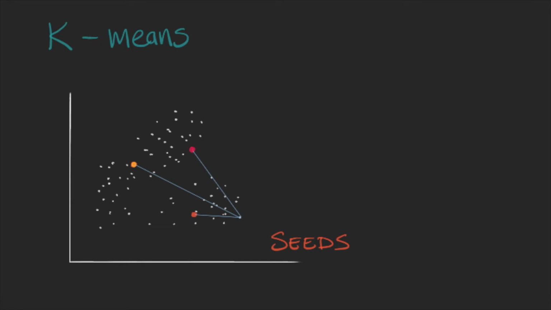Then, for each point in the feature space, we calculate the distance between the point and the 3 seeds. We will tag the point to be a member of the cluster of the closest seed, and we continue to the next point. We calculate the distance between this new point and the 3 seeds, and we make it a member of the closest one. Then we repeat this process until we finish all the points.